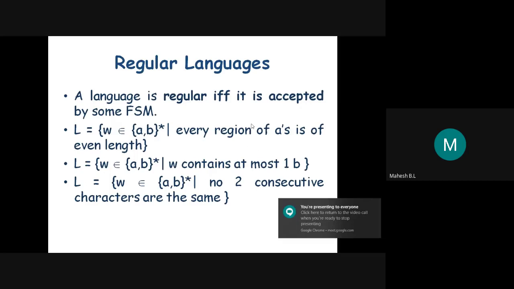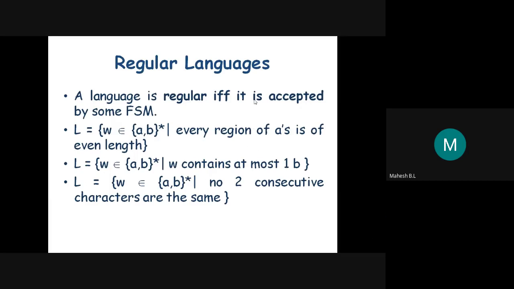So every region of A's must be of even length. Now, can you design a DFSM for this particular language? That is, language L is equal to W belongs to {A, B}*, every region of A's is of even length. Can you develop a DFSM for this language?